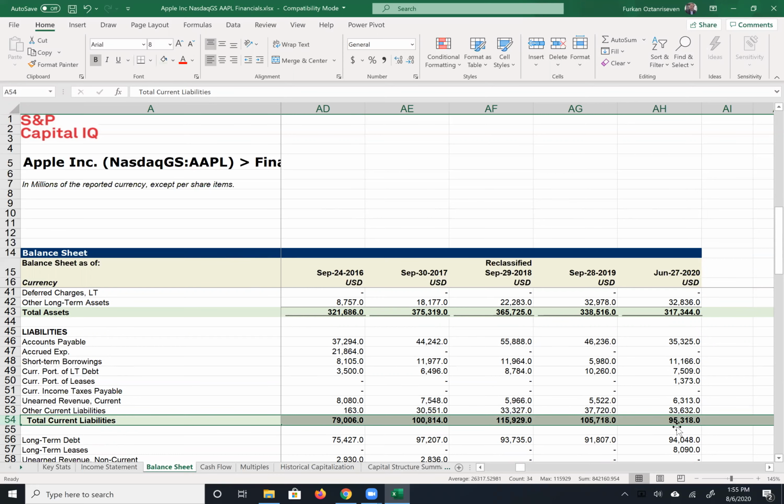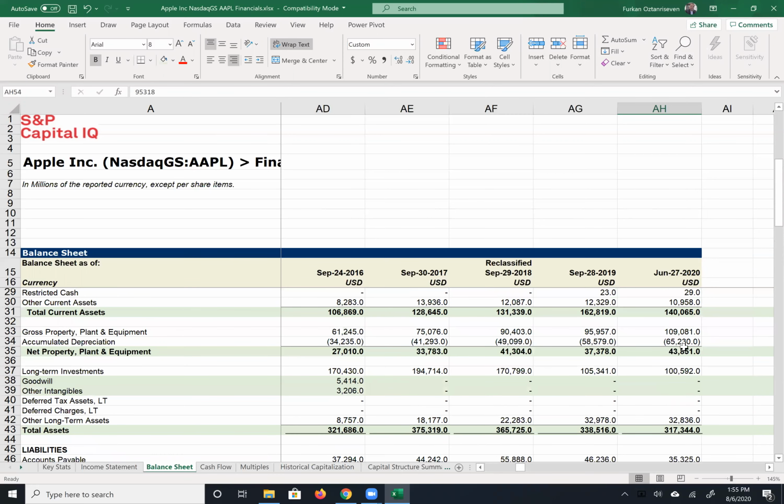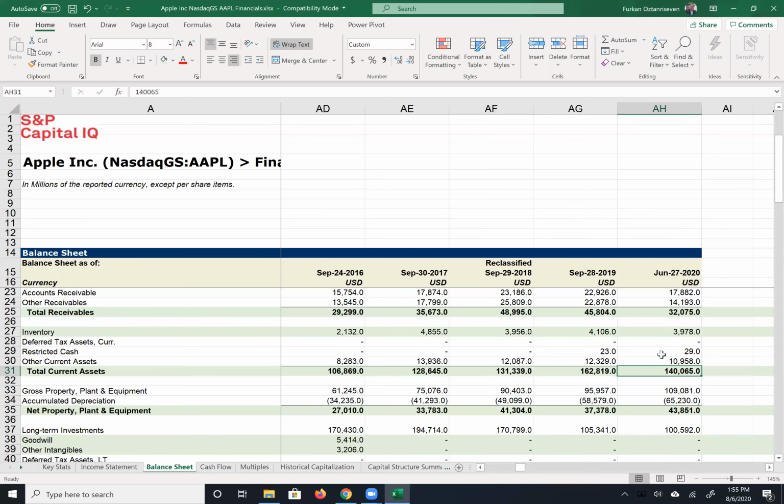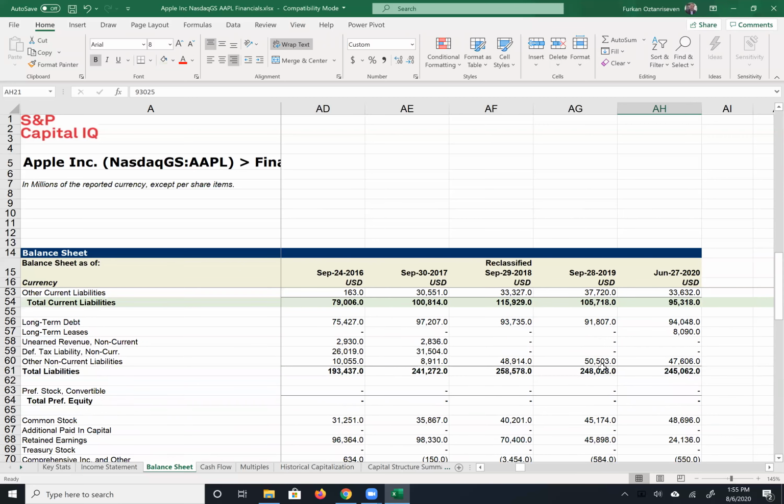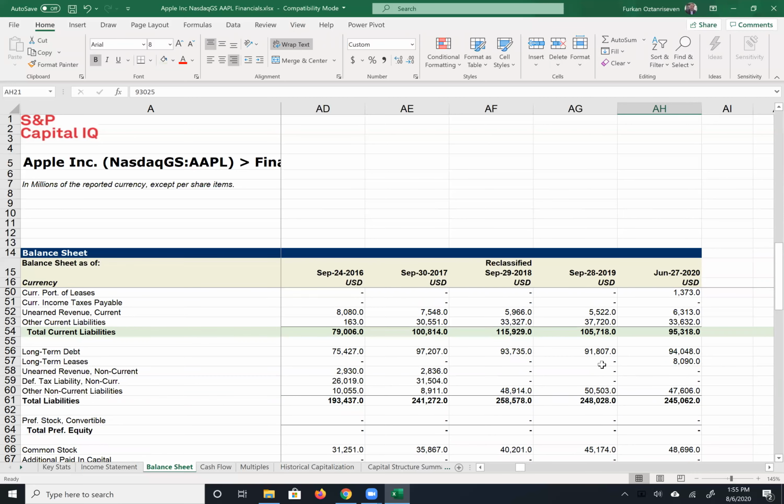And $95 billion current liabilities versus $140 billion current assets. Looks like the company has plenty of money to be able to cover that. Actually, even the total cash and short-term investments was almost enough to cover all the short-term liabilities. So in terms of cash position, company is in good shape.